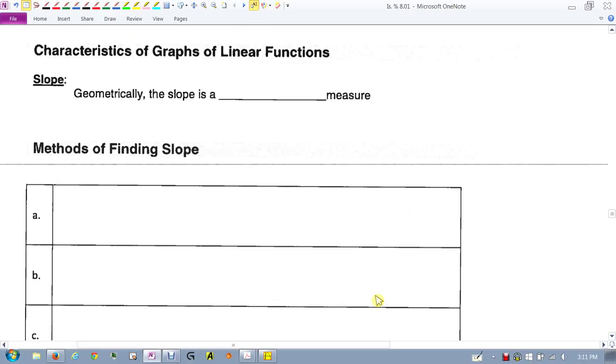Geometrically, when you talk about lines, the slope is a blank measure. So if you have a line, when we talk about slope, we're talking about a measurement of this right here, how much that pitches up.